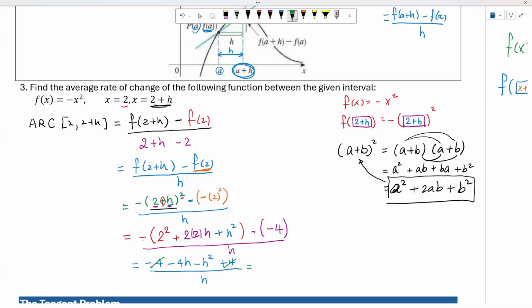Now I could take out the h. Here we have a common factor h, so we could take out the h. Then I have negative 4 minus h divided by h. Then h and h cancel. My answer will be negative 4 minus h.